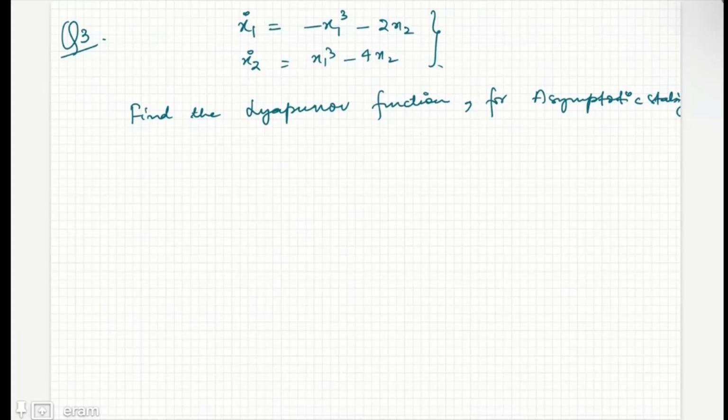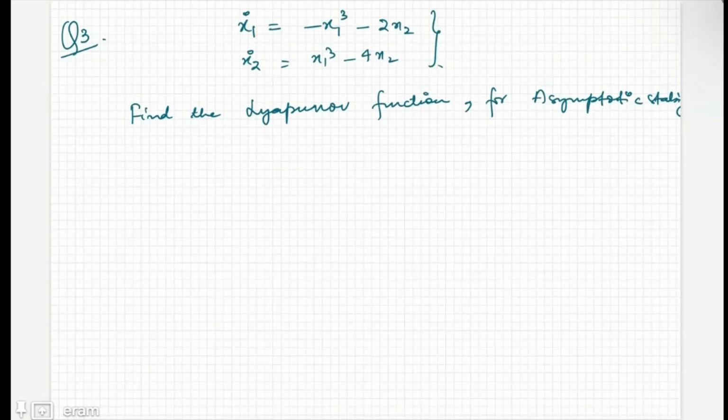So the thing is, we know that the system is asymptotically stable. Now if we know that the system is asymptotically stable, then there must exist a Lyapunov function whose derivative is negative definite. This is also a theorem: if the system is stable, then there must exist a Lyapunov function whose derivative is negative semi-definite.